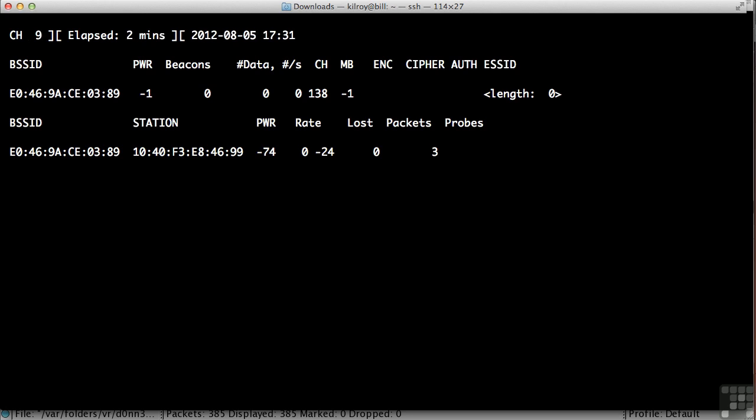You can see here on AeroDump, I've actually picked up a station, and it doesn't seem to have a name attached to it that the program is displaying. It's just got the BSS ID, which is hexadecimal, and the station's MAC address.